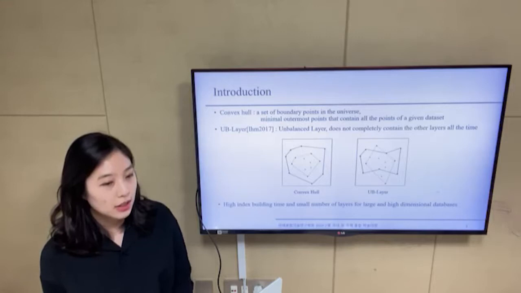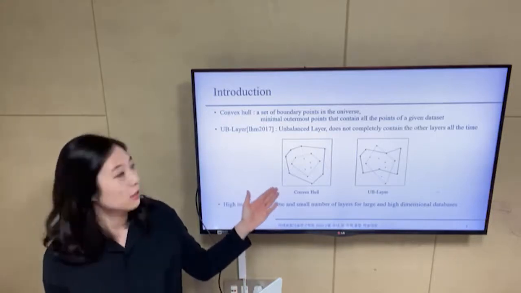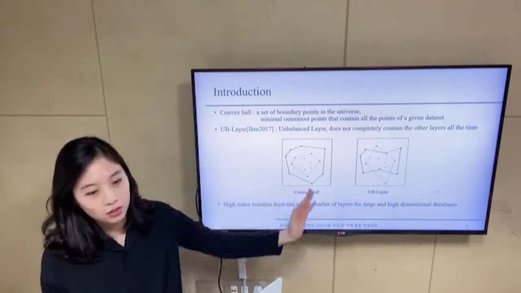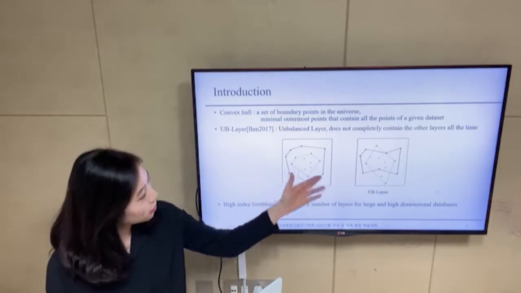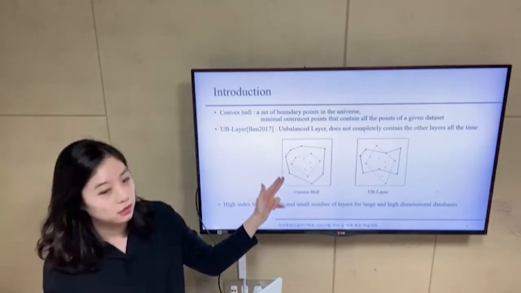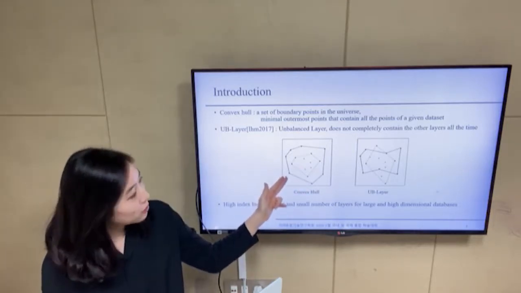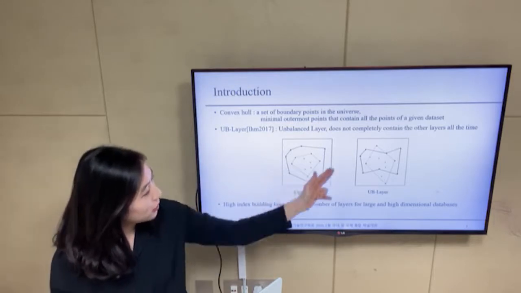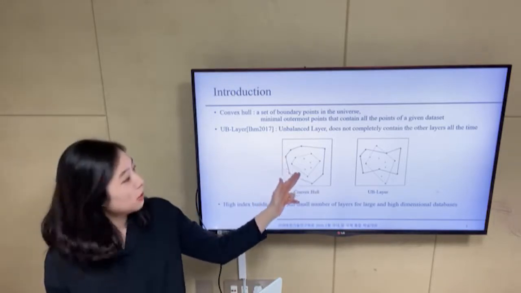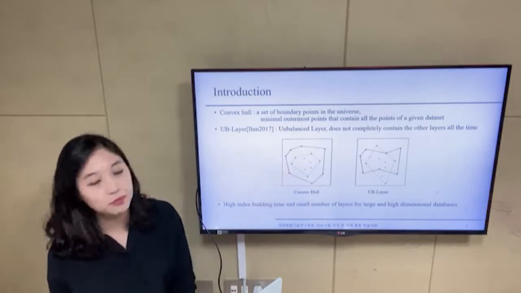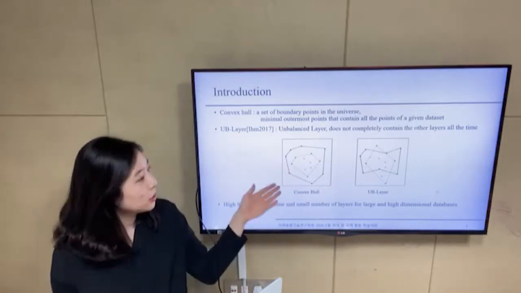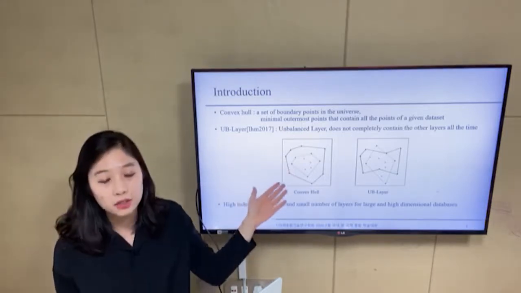As you can see in the figure at the left side, the convex hull constructs a layer list respectively. So this is the first layer and the second layer. And as you can see, it is a balanced shape.